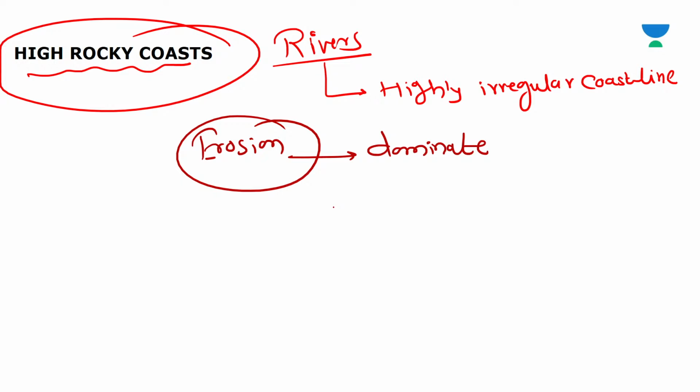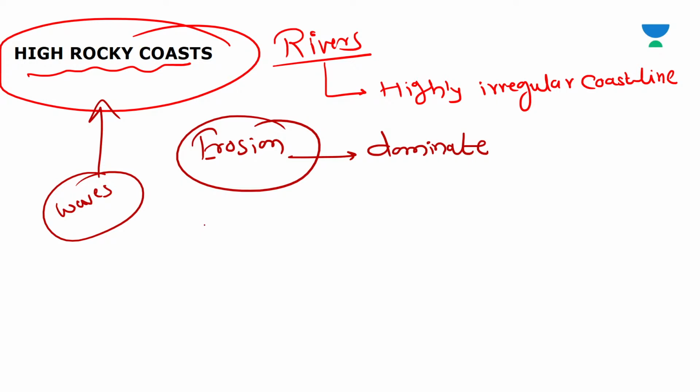With constant pounding by waves, the cliffs recede, leaving a wave-cut platform in front of the sea cliff.